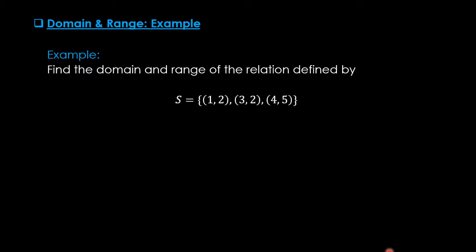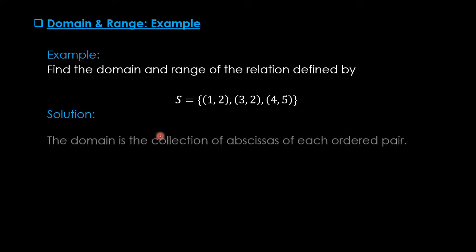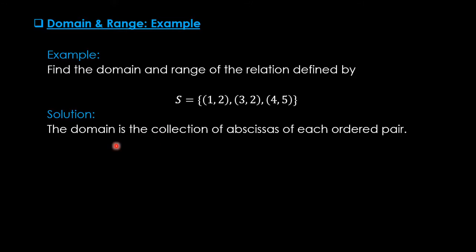Now a domain and range example, very simple. As we have explained, find the domain and range of the relation defined by this. In this case, the domain is the collection of abscissas of each ordered pair. So 1, 3, 4 create the domain, whereas 2, 2, 5 create the range. But instead of writing 2, 2, 5, we should write 2 and 5 only.